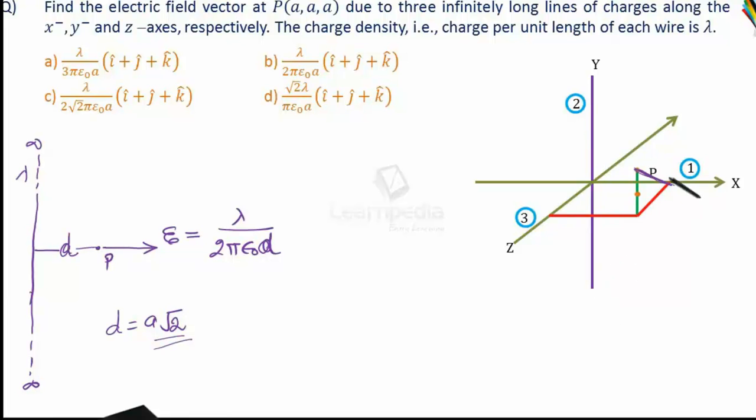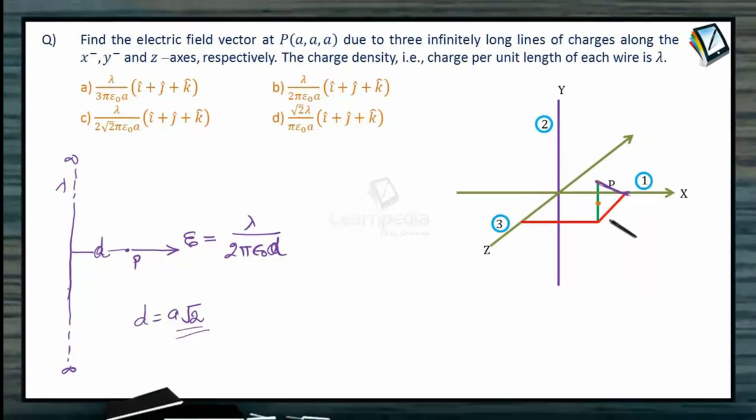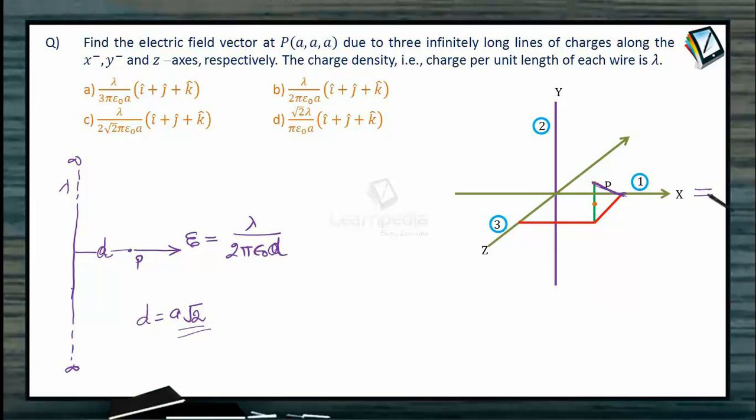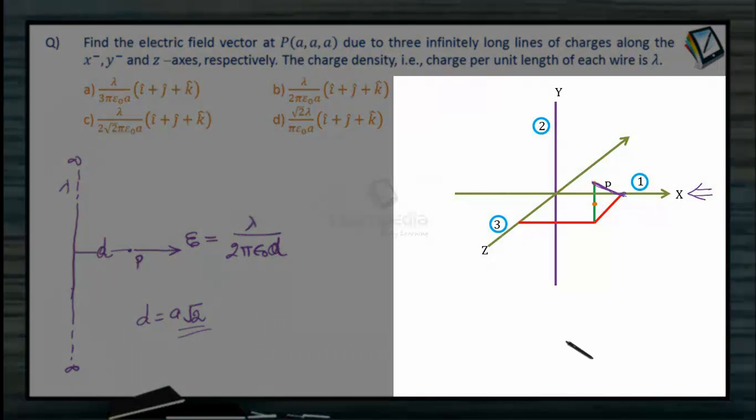And the electric field is perpendicular to the wire, along the line joining this particular point to the foot of the perpendicular on the wire. That means if we look at this diagram along the x-axis, then this x wire will seem like a point, and here will be the point P at an angle of 45 degrees with this line.